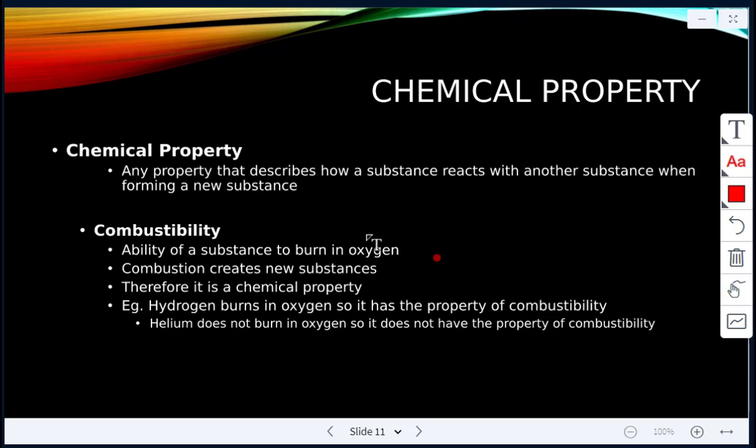Oxygen is required for combustion, and combustion creates new substances, for example, smoke and ash. Therefore, it is a chemical property. Example, hydrogen burns in oxygen, so it has the property of combustibility. Helium, on the other hand, does not burn in oxygen, so it does not have the property of combustibility.